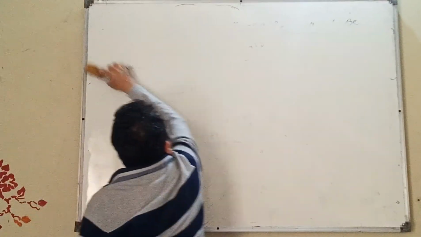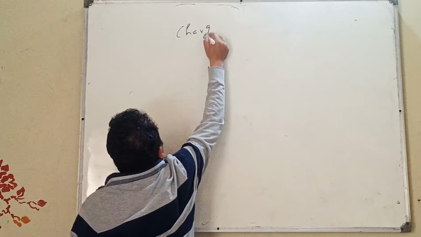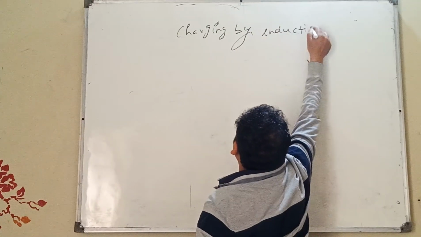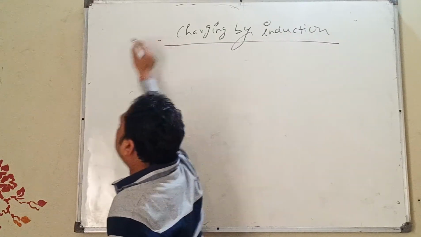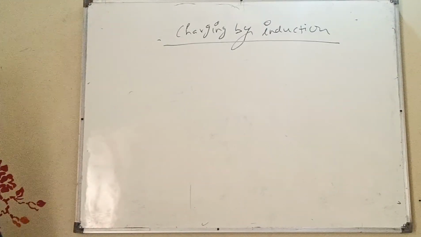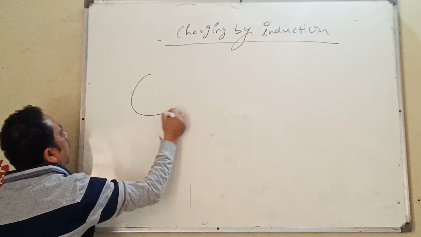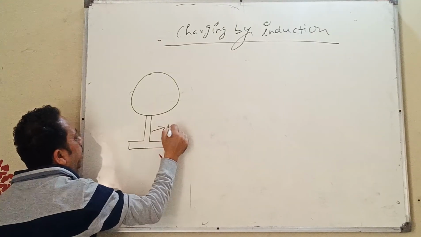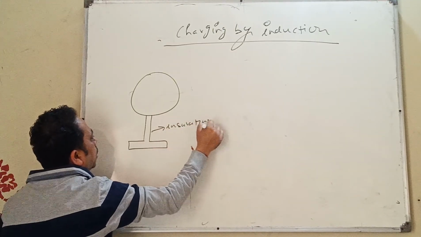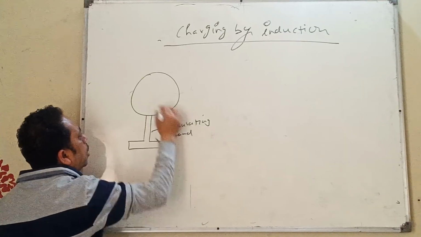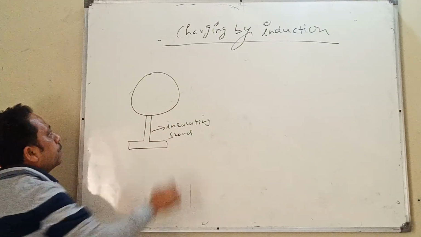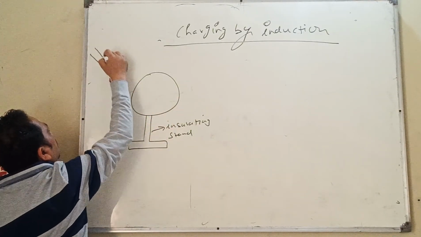The next one is very important and very interesting, and this is called charging by induction. If you have a conductor, this is a conductor, and this is an insulating stand. Mind, this is an insulating stand, not directly touching the earth. Now what happens?